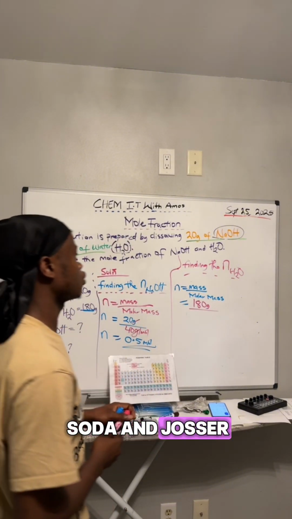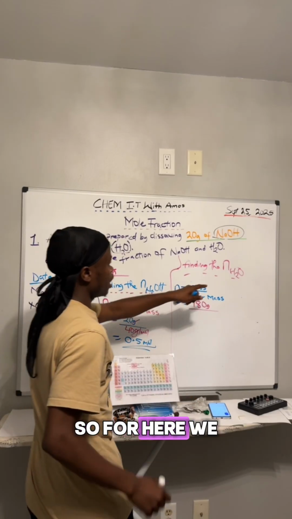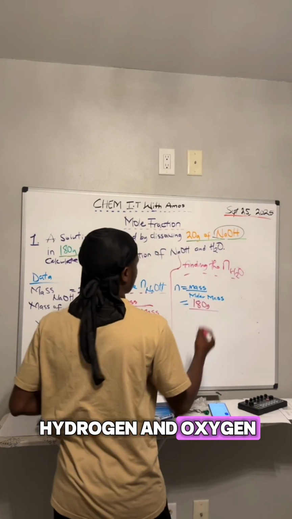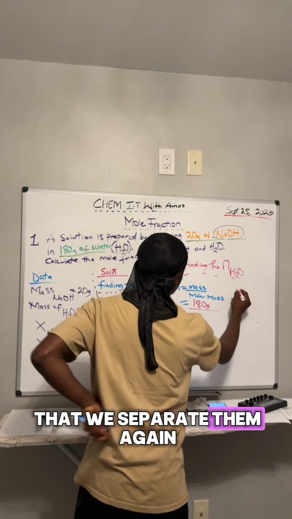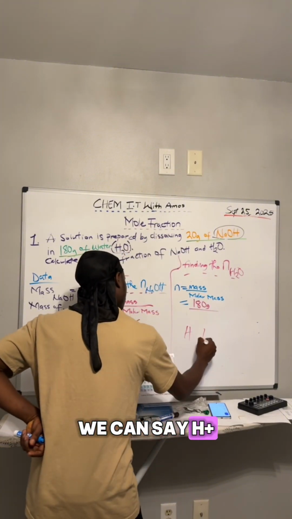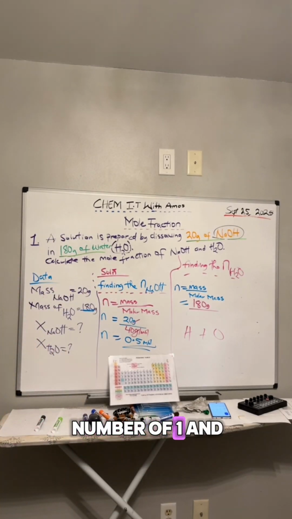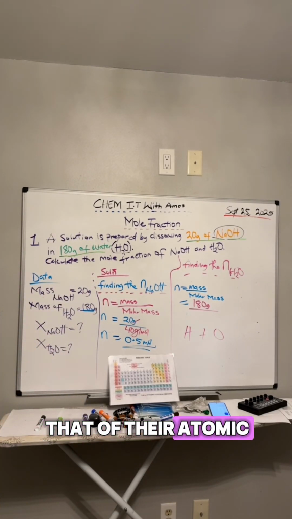Like we saw for sodium hydroxide, we can do the same. For water, we only have two elements, hydrogen and oxygen. We can say H plus O. H is element 1, with a mass number of 1.